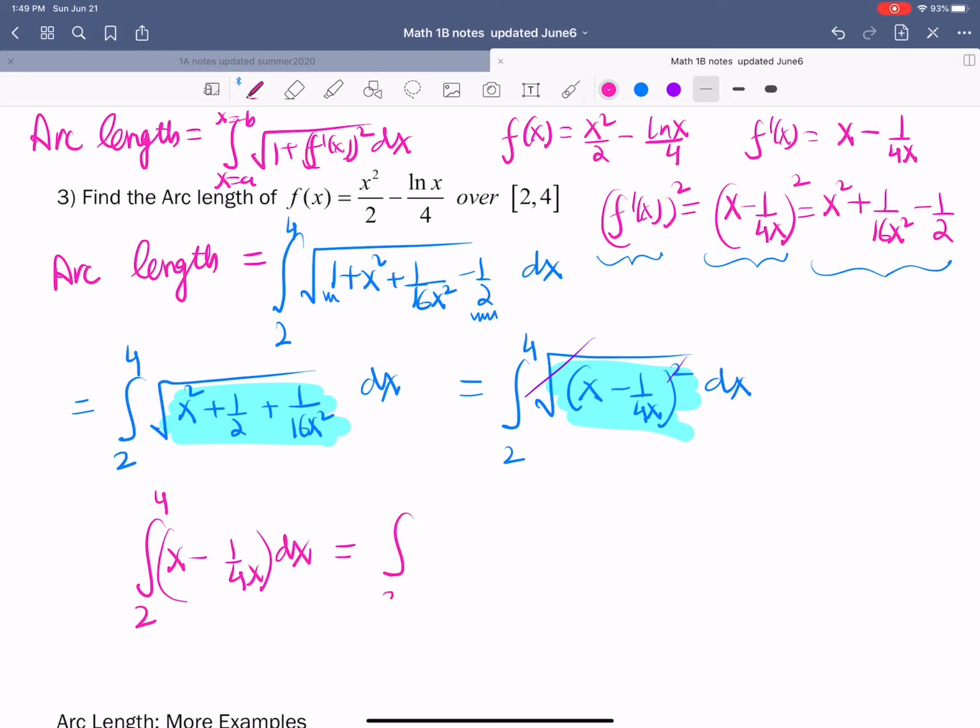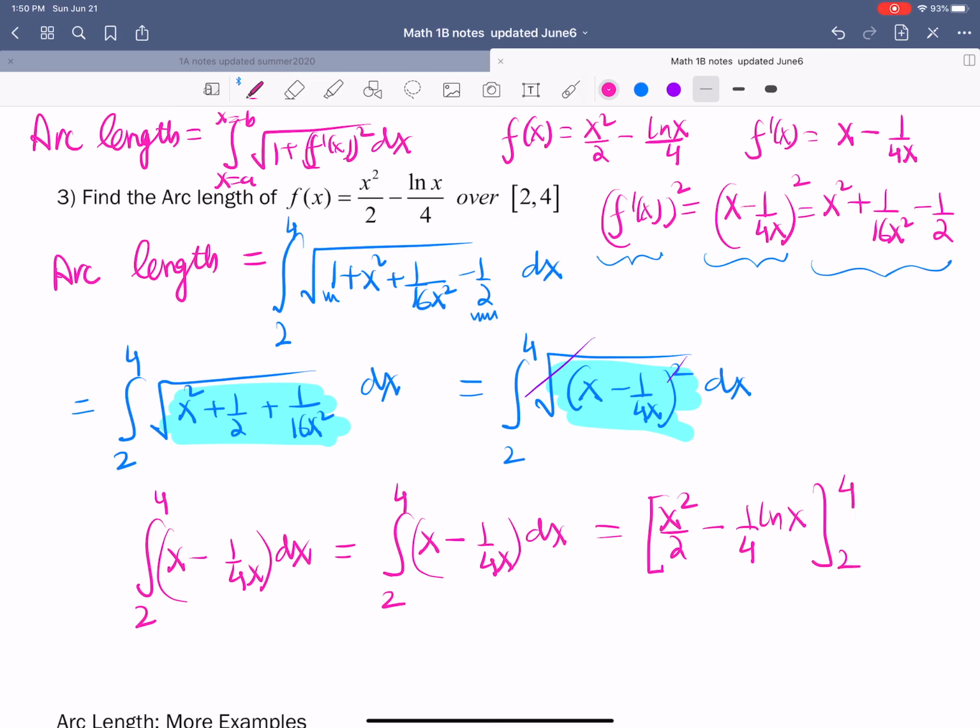So we can write it as the integral from 2 to 4 of x minus 1/4 x to the power negative 1. Actually, it's okay to leave it as 1/(4x), because what is the integral of 1 over x? So this is going to turn out to be the integral of x, which is x squared over 2, minus 1/4 natural log of x, going from 2 to 4.